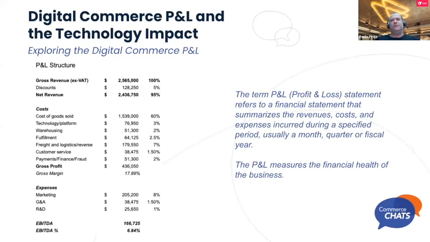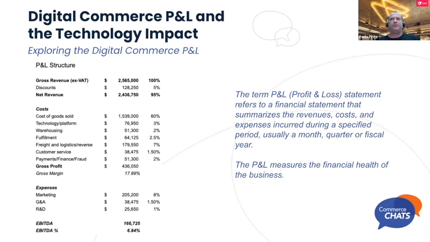So the P&L is something that is always discussed in most of the CMC tests, and it's always a hot topic, right? What's the perfect P&L? What's the P&L of a digital commerce? So starting with the basics of the P&L, right?